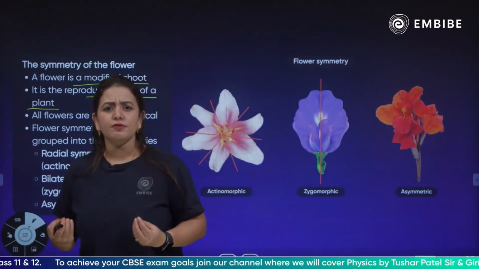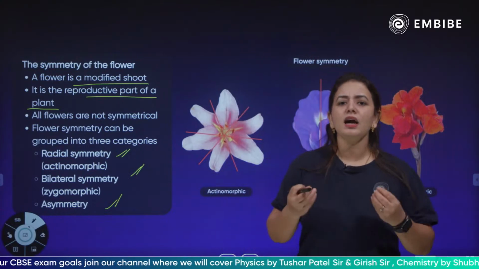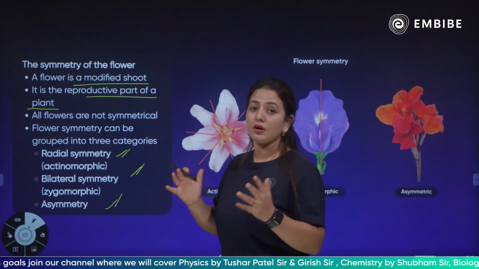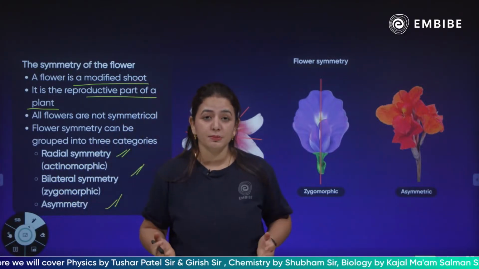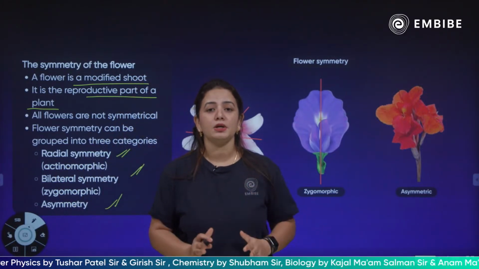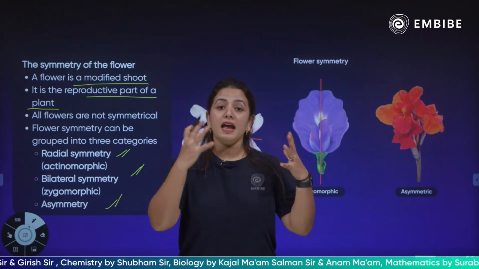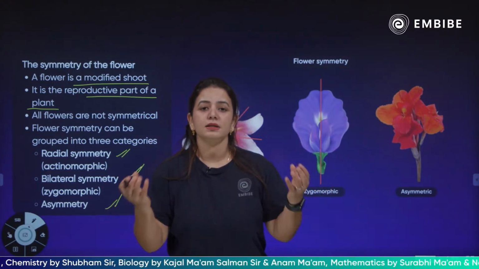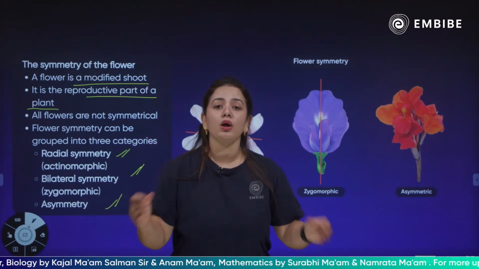And in general, we can also say whether we can cut them into 2 equal halves or not. If we try to dissect a flower, it might get into 2 equal parts, it might not cut into 2 equal parts, or it might not be possible to cut at all.